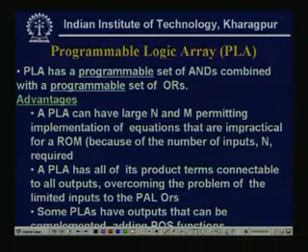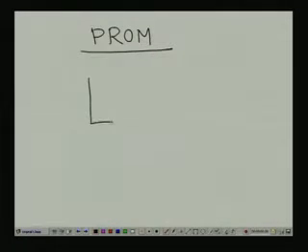Now actually in real life, the problem is that often we do not need all of the 2 to the power n min terms. If you remember, the PROM is a fixed AND array.